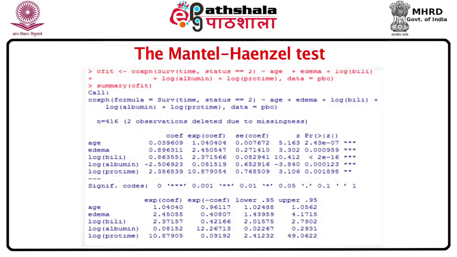The syntax also you can see is similar. So there is a survival object where the first variable is time, the second is censoring, and on the other side of the equation we have the usual regression formula which we have used for LM, LME and many other regression settings, and the data.